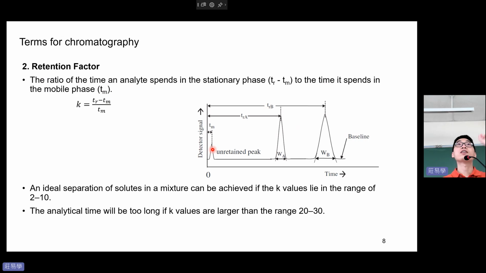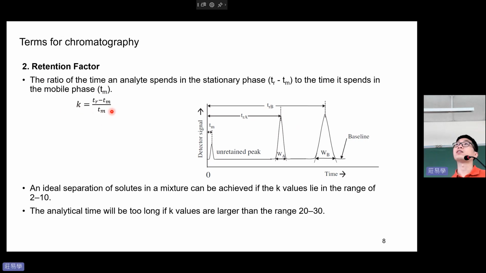Its affinity with the stationary phase is 0. So the time difference, TR minus TM, over TM, we call the retention factor.